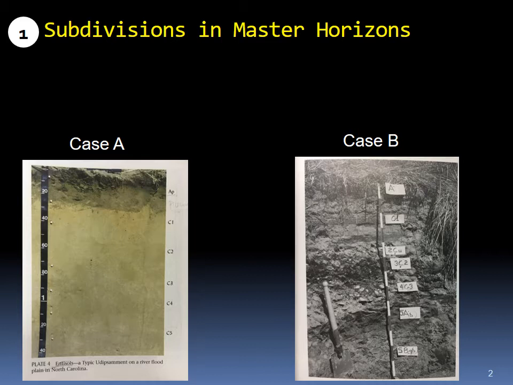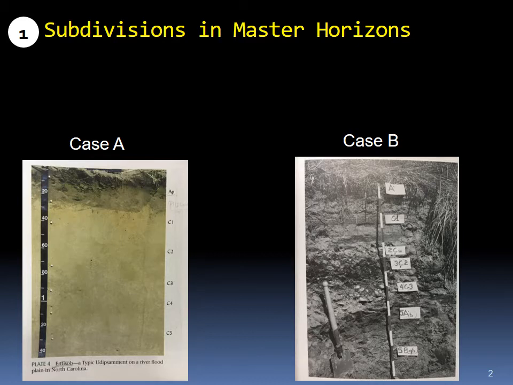I would like you to pay attention to the following two pictures. Now you have case A and you have case B. And I want you to look at the horizons. You would see something different here. You would see that there is a horizon that is repeated, but it has numbers.